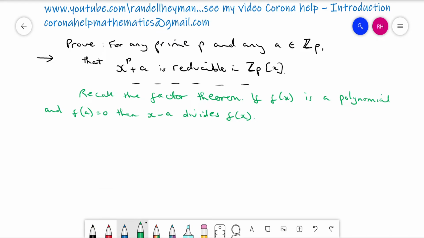Okay, now let's talk about Euler's theorem, or you can use either Euler or Fermat. Euler is a generalization of Fermat, so I'm just going to use Fermat's little theorem.